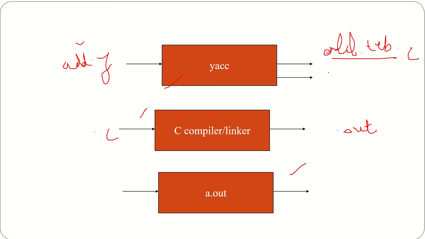Add.tab.c, or if you are giving -d option, add.tab.h file will be generated here. So this is the C routine which is generated, and this is the header file which is getting generated, which is used for communication between Lex and Yacc tool.